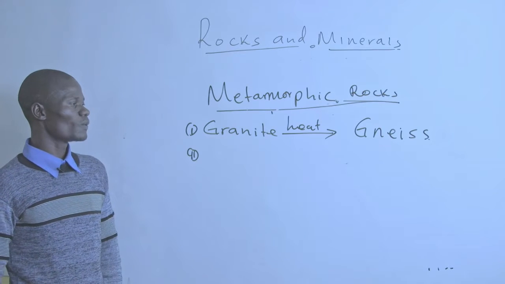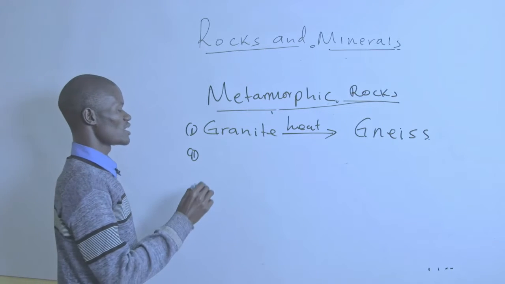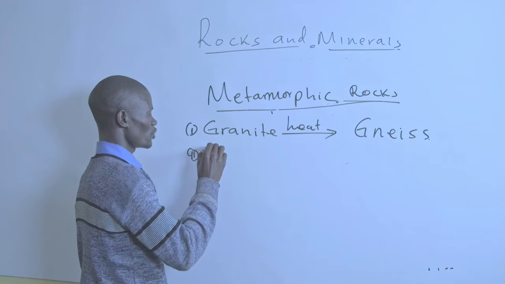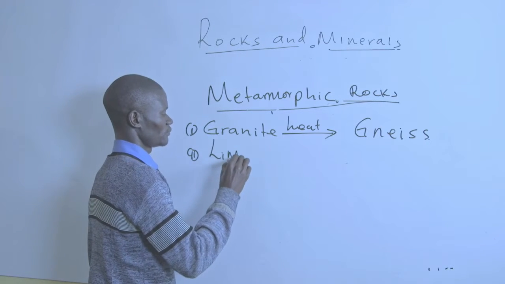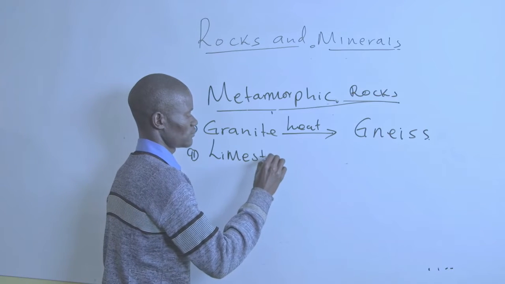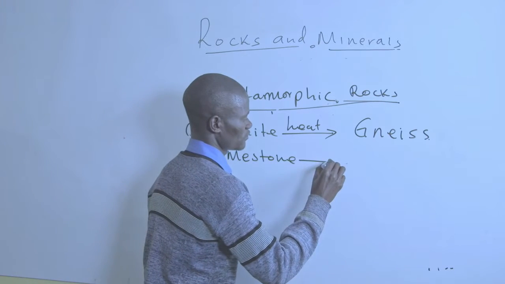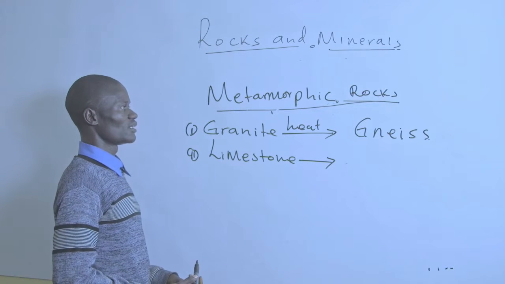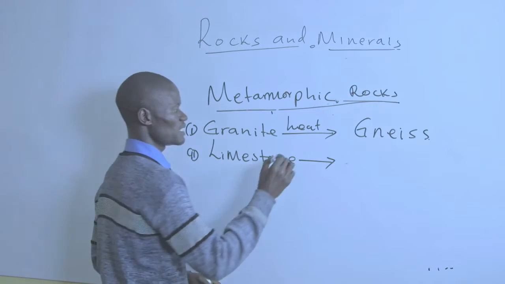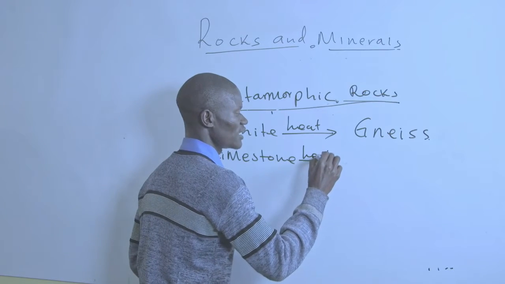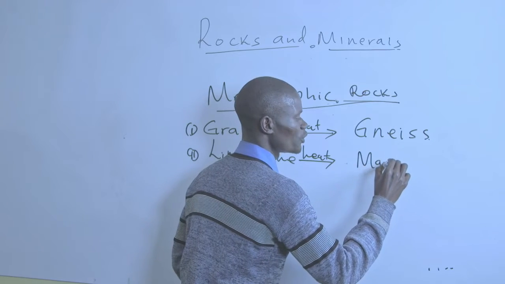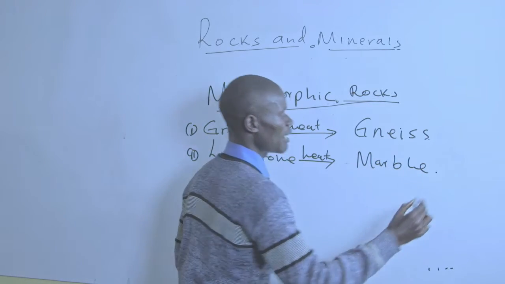Then number two, we have a rock such as limestone. This rock has undergone the change of being subjected to heat and pressure, and it is forming a new rock that is referred to as marble.